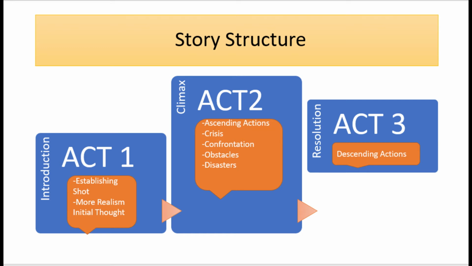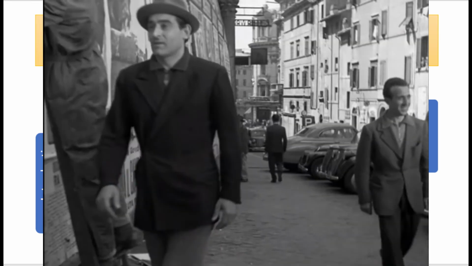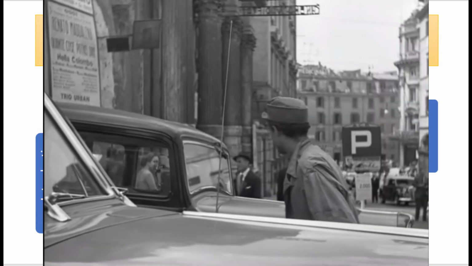If you've seen a movie such as Bicycle Thieves, for example, it's the same thing. We are introduced to the current situation, the family business of the protagonist, and then we see the conflict. He cannot find a job because his bicycle is stolen.